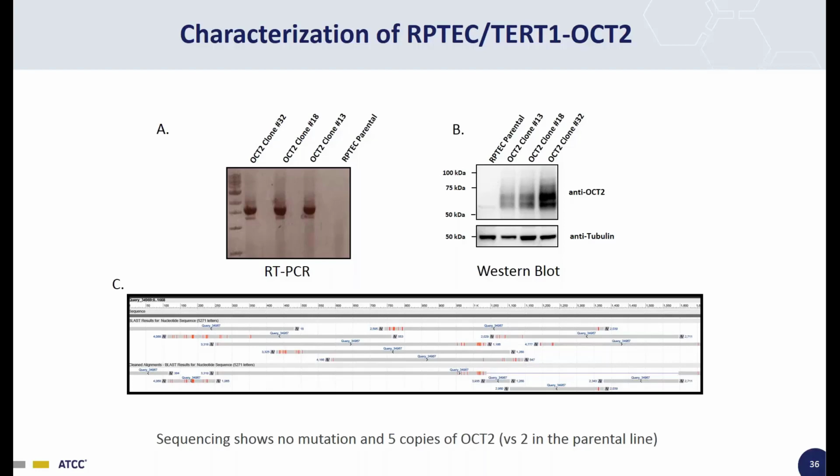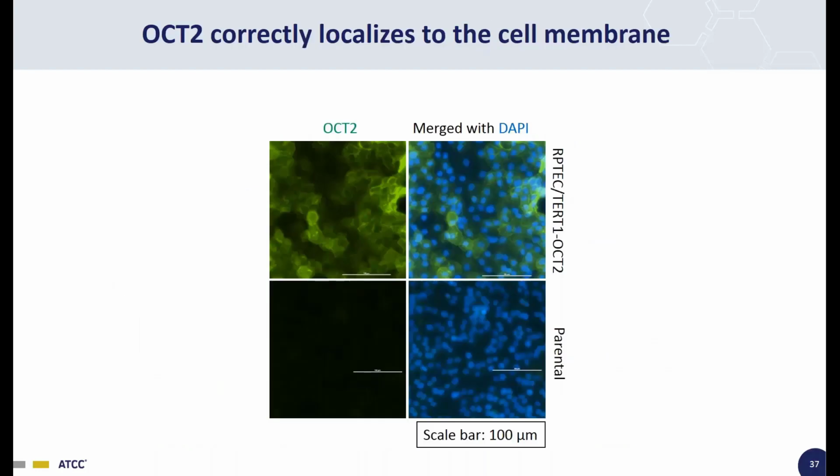One of the clonal lines has 5 versus 2 in the parental line. Another thing to point out is that the parental line has no detectable mRNA or protein of OAT2. This figure also shows the subcellular localization of the overexpressed OAT2. It is correctly localized to the cell membrane, compared to the lower panel, the parental line, which has no OAT2 expression at all.